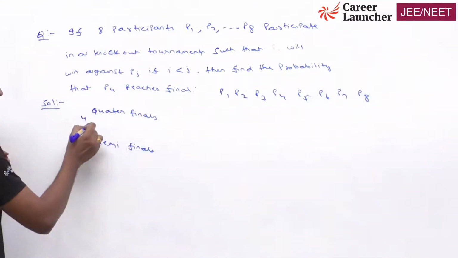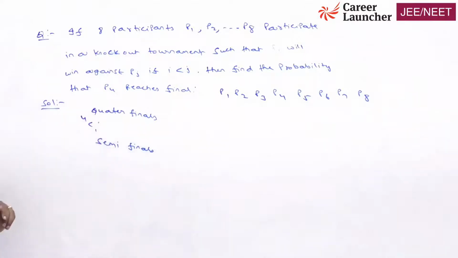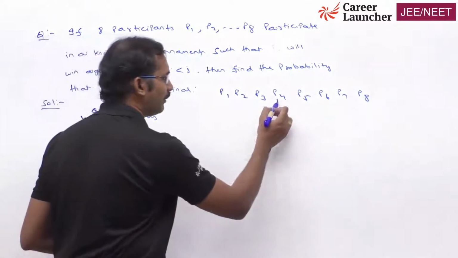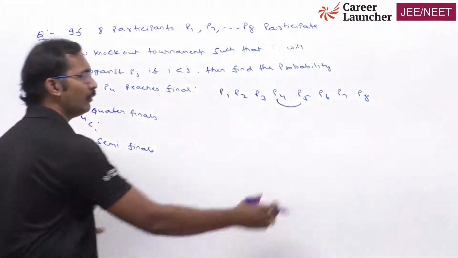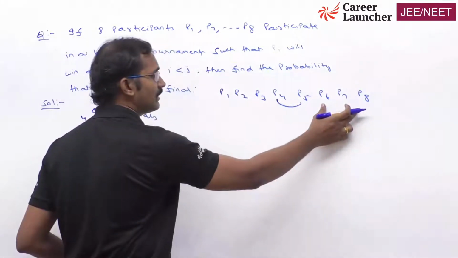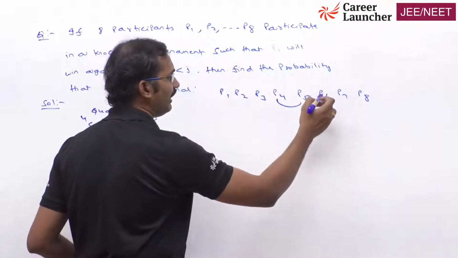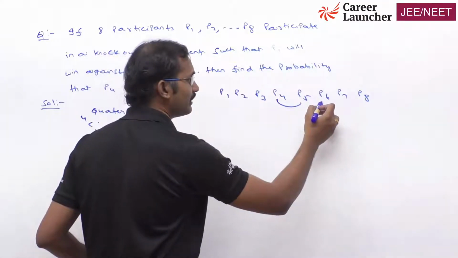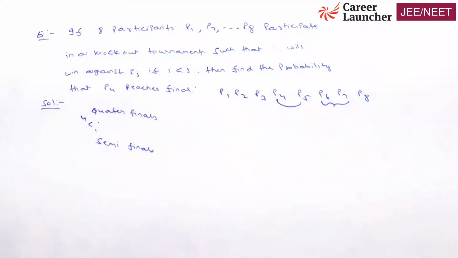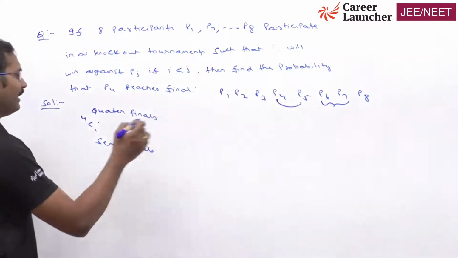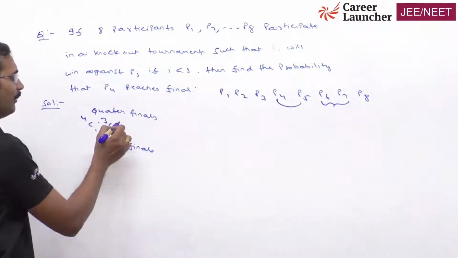So it will be 4C1 ways. Suppose P4 is playing with P5, he has to win in the semis as well. So one person out of these 3 should also reach the semifinal. For that, one pair out of these should also play the quarterfinals. So out of the remaining 3, choose any 2 which will form a pair.